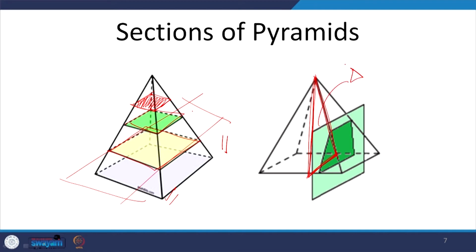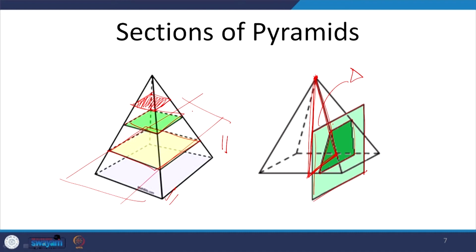However, if the section plane is perpendicular to the base and it is passing through any point other than the apex, in that case we will get polygonal surfaces depending upon the number of triangular surfaces the prism is passing through.